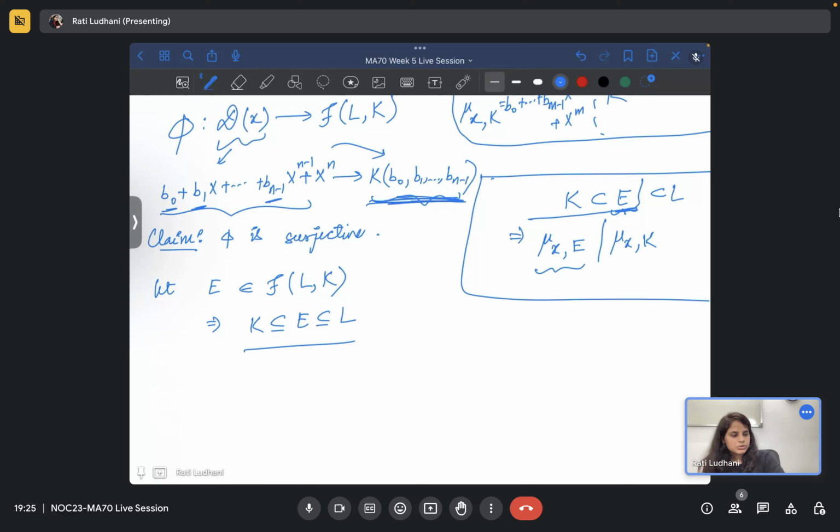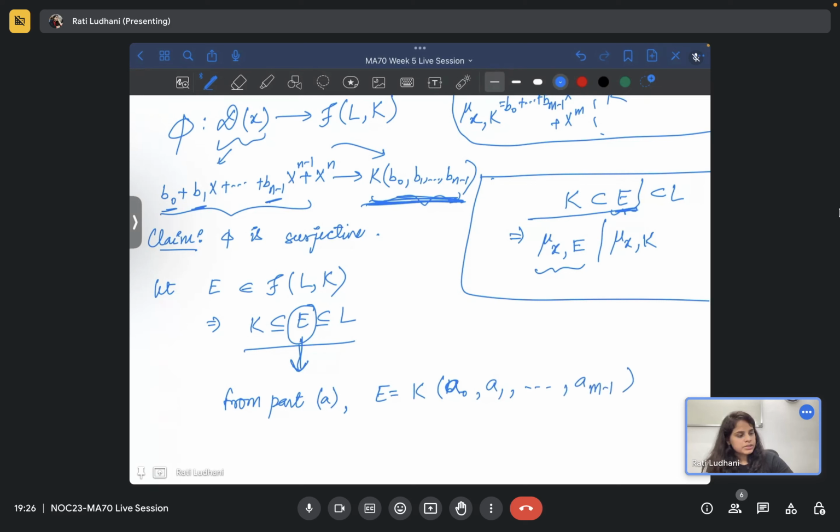So where should I start? I need to write E in this form. What can you say? Yes, from the previous theorem, exactly, from part A. We know that E will be equal to K(a0, ..., a_{m-1}); I'm using different notation just to avoid confusion with the definition of phi.